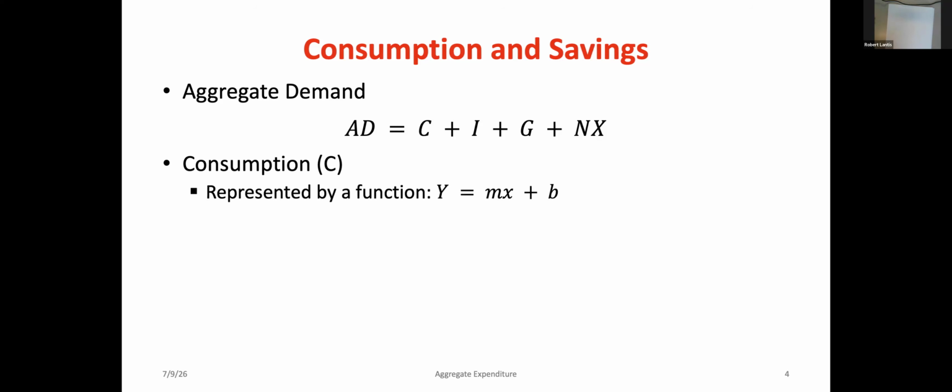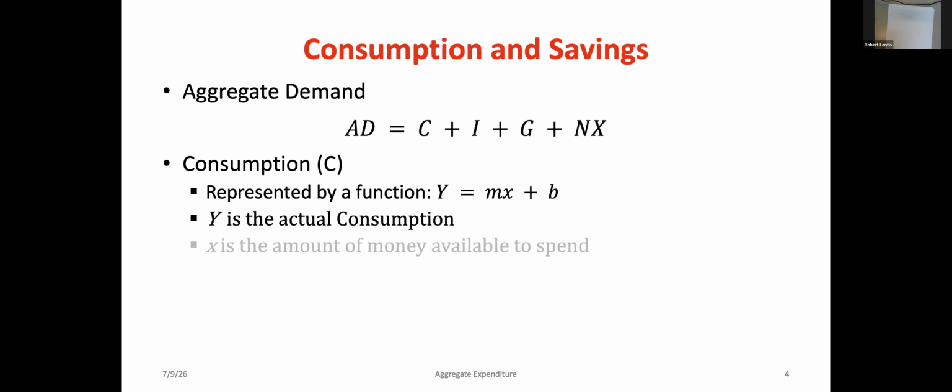So how much money I'm actually spending would be whatever income I have times some factor, plus some additional amount. We don't know the slope and we don't know the constant yet. Y is the actual level of consumption, X is the amount of available funds we have to spend, and B will be some constant.